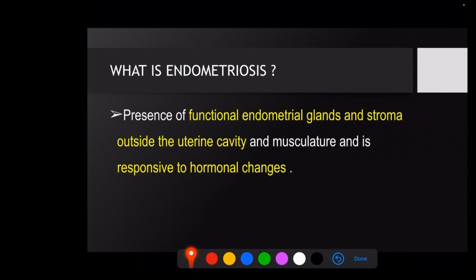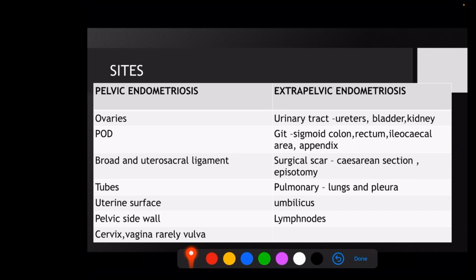Then endometriosis is classified into different groups on different aspects. Commonly, according to the affected sites, endometriosis is classified into pelvic and extrapelvic. The pelvic sites are pelvic organs and peritoneum, which include the ovaries, POD, pouch of Douglas, or the posterior cul-de-sac.